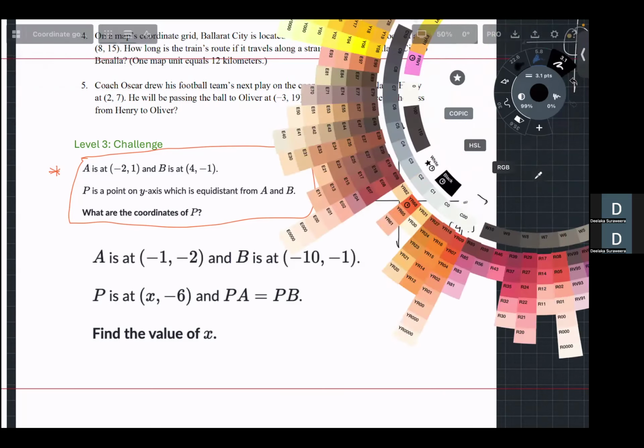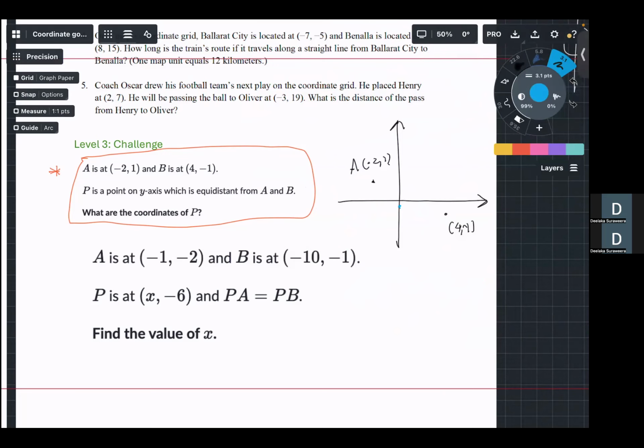I'm not sure. It's on the y-axis, and it's equal distance from both. Maybe it's like here, so this is the same as this. It's quite hard.